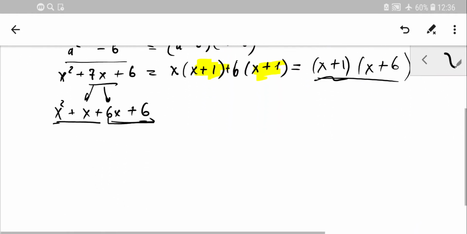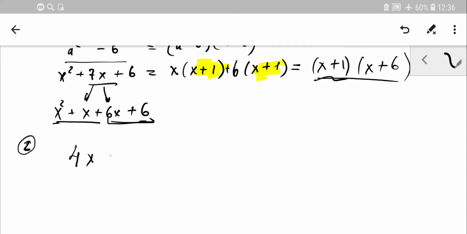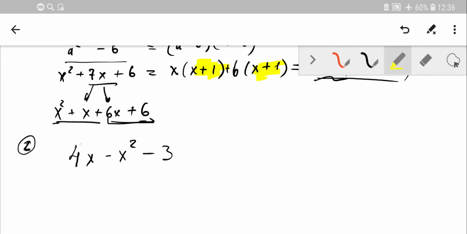All right, let's try the second question. In this case, I'll intentionally use a bit different form. For example, you need to use complete square for the following: 4x minus x squared minus 3. Pay attention to how it's written. It's not written in proper order, because normally you need to arrange in decreasing order of your terms.